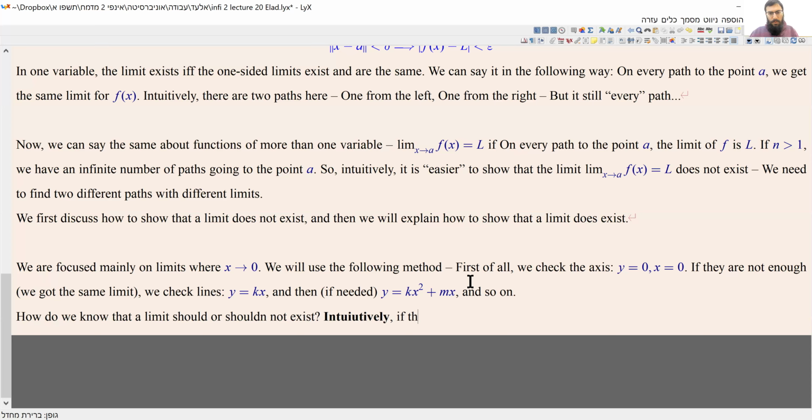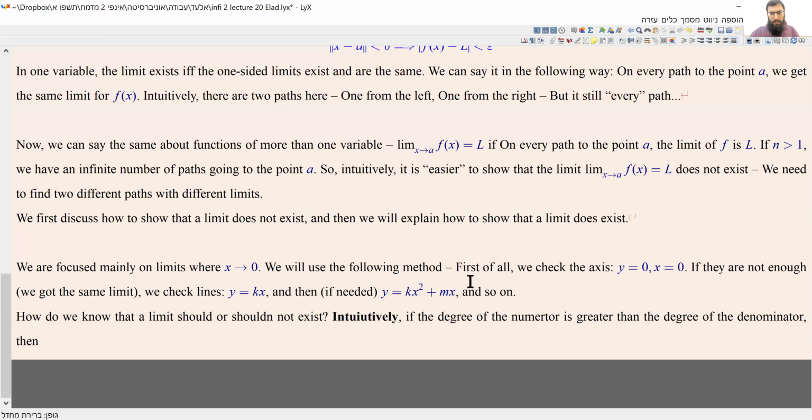Intuitively, if the degree of the numerator is greater than the degree of the denominator, then the limit exists and it is 0. Otherwise, the limit does not exist.